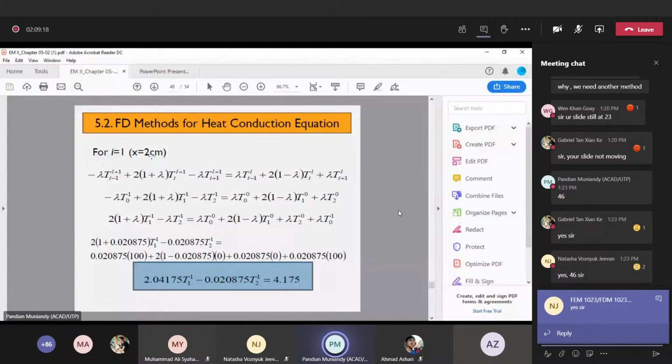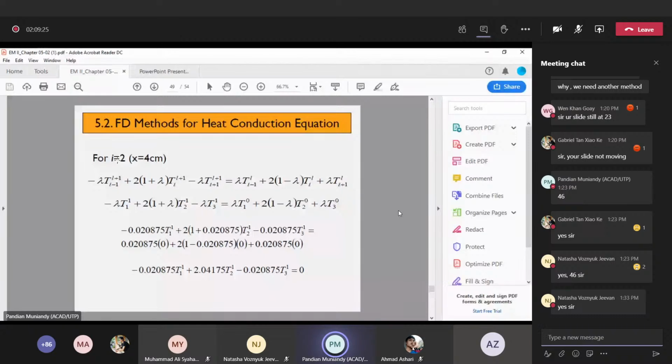All right, so you already have the first equation at I1, x is 2 cm. At I2, x is 4 cm. So the subscript will change because at I2, this is T subscript 1, this is T subscript 2, T subscript 3, because I is 2. Now this value T11, this is T12, this one T13.